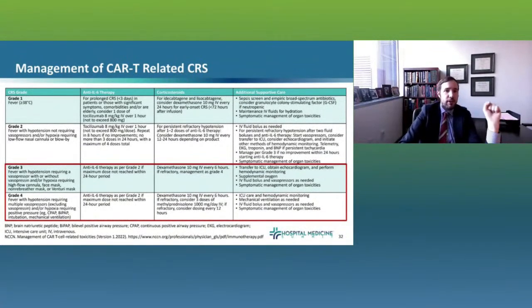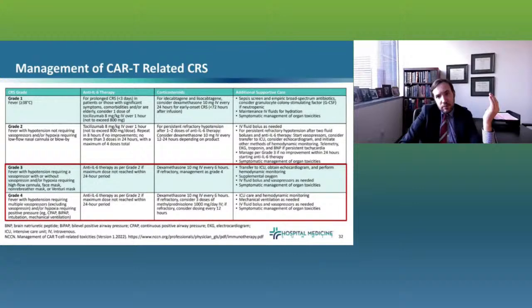You cannot give CAR T without having it on hand. So very, very important. And usually with grade 1, if they're just having a fever, you don't necessarily need to give them tocilizumab. You can just do supportive care. You can just monitor them. Consider steroids, consider toci. Don't necessarily need it. Supportive care, fluids, symptom management.